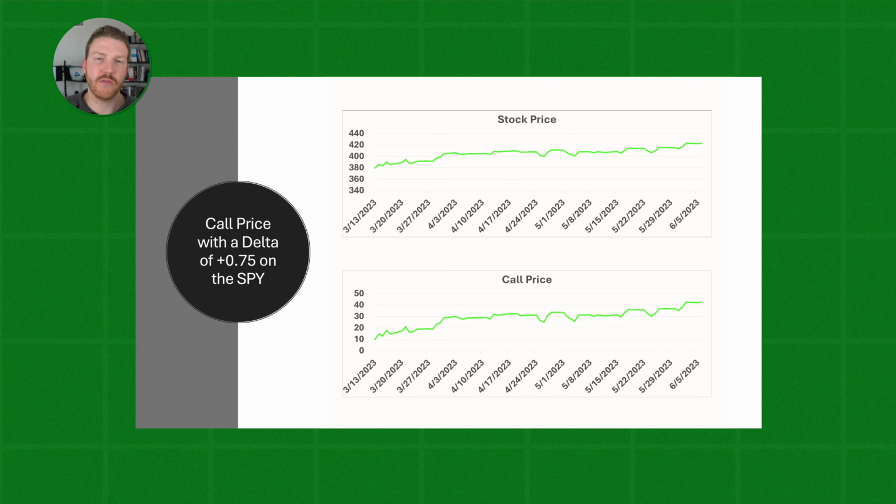There is a high positive correlation between the prices of both the stock and the underlying call option. The difference, however, is that the call option has a greater scale by which the price moves. So you can see that over the course of these 2 months, while the stock price went up roughly 30%, the call option's price actually went up almost 300%.